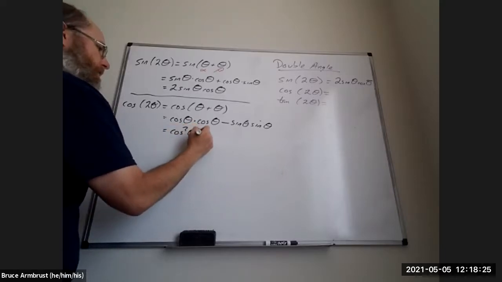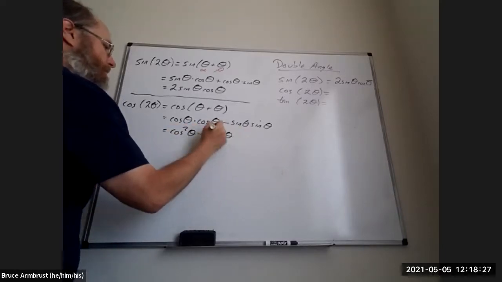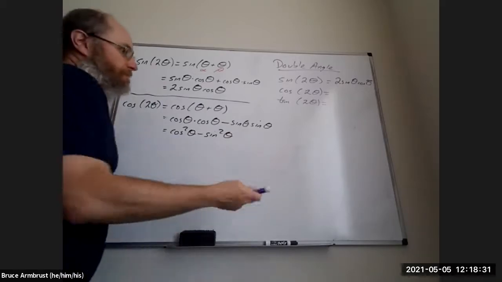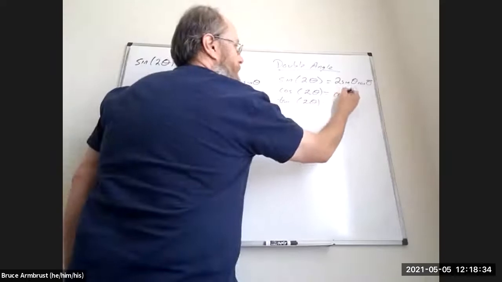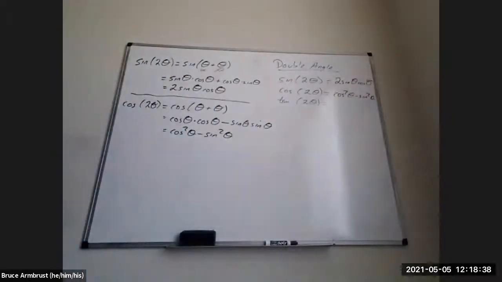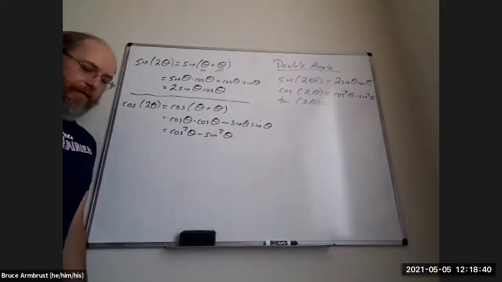So that gives us cosine squared minus sine squared. There it is. There's the double angle identity for cosine.